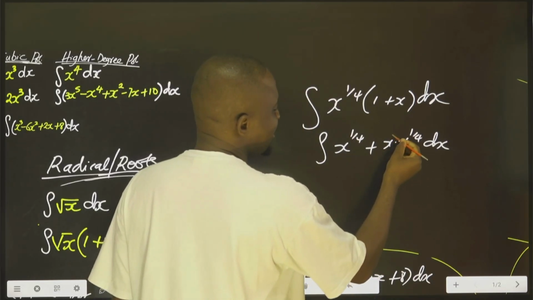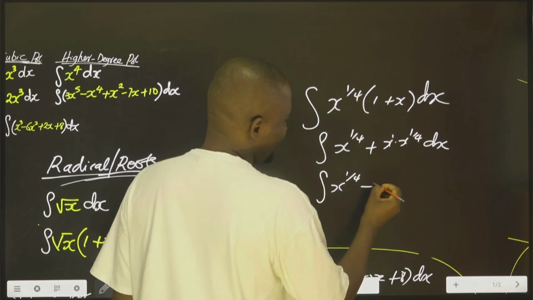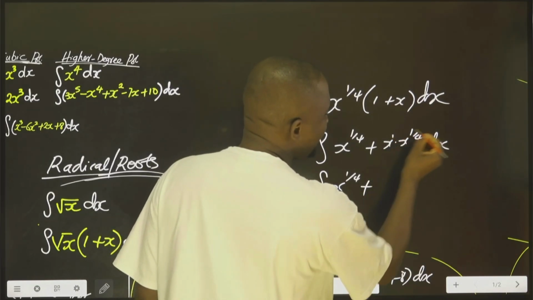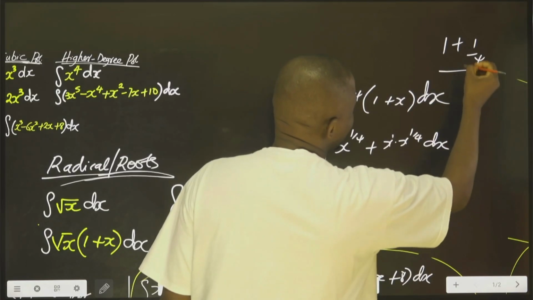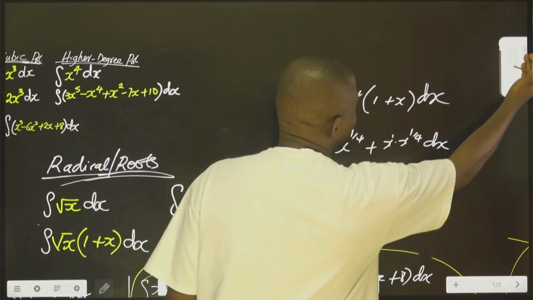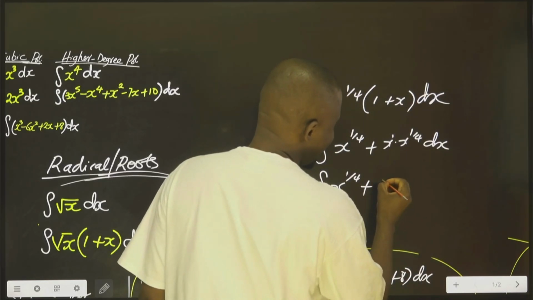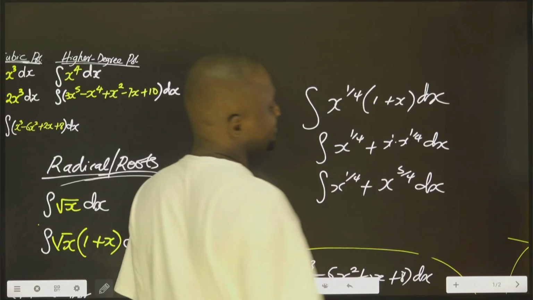Okay? Remember, this x is raised to power 1. We are going to apply indices now. 1 over 4 plus, this is 1 plus this. As far as indices is concerned, 1 plus 1 over 4. 4 plus 1 equals 5 over 4. That is x here is x to the 5 over 4, dx.